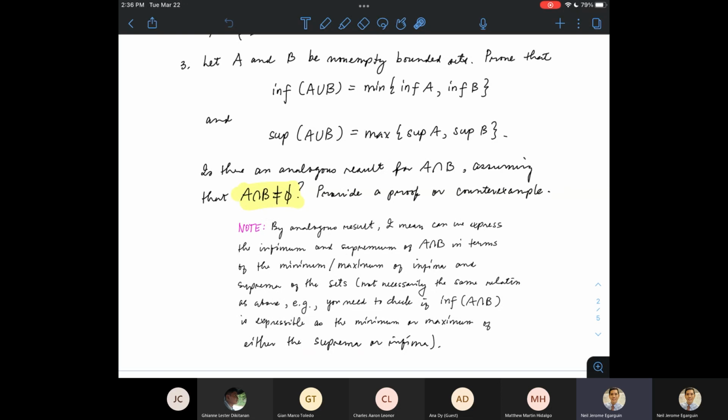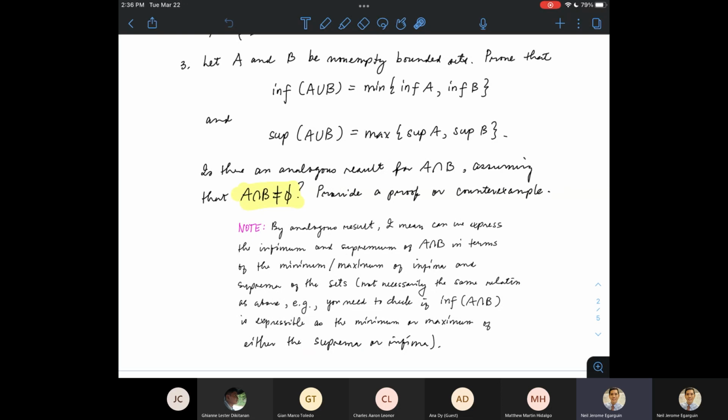Okay? Ano yung kamalian ko rito? Nasulat ko ay A intersection B equals the empty set, right? So if A intersection B is empty, then there's no point in talking about formulas for A intersection B. So that will just boil down into finding a convention for the infimum and supremum of the empty set. Okay, and it will depend on the conventions that you will use.